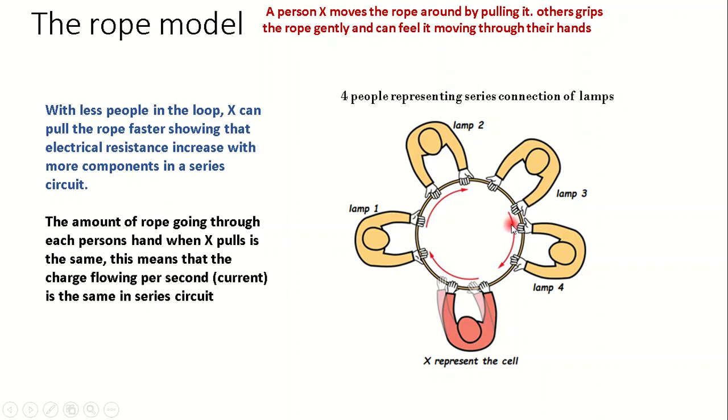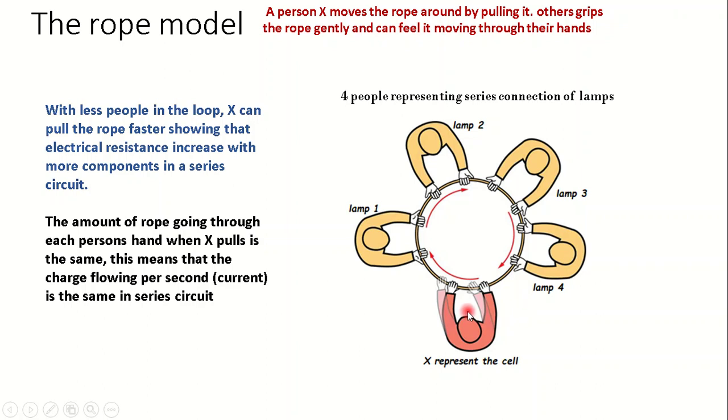Now, the rope model can explain a series or parallel circuit. In this case, a series. For parallel, we need more than one rope, but handled by the same person, or gripped or pulled by the same person. The movement of the rope actually represents the movement of electron.